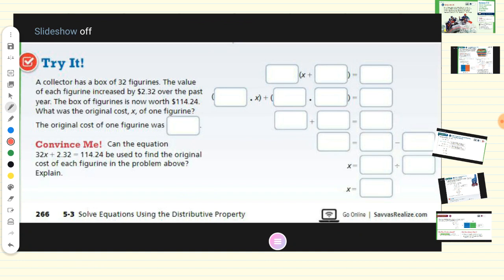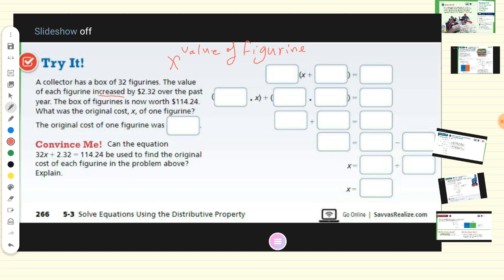Let's call it x. x is the value of a figurine. Increased means we will add 2.32. So it will be x plus 2.32 over the past year.